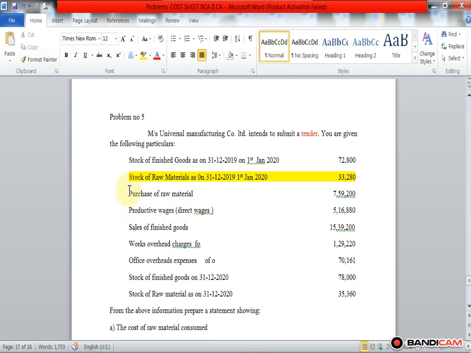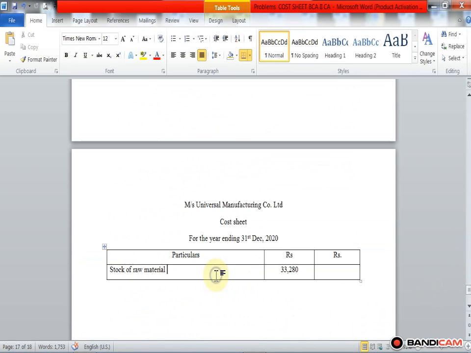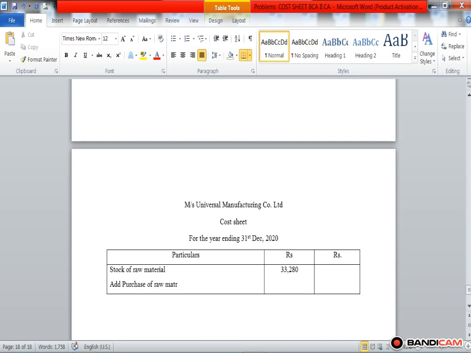Next, purchases of raw material. We add the purchases of raw material to the opening stock of raw material.